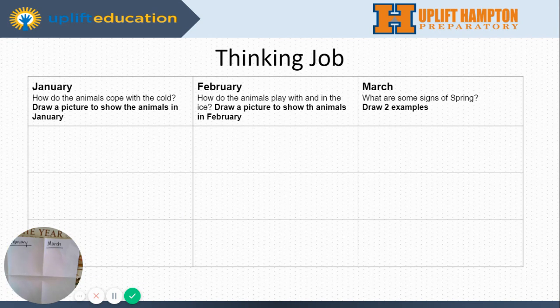So each day, you will answer the questions and fill out this diagram here, and only post it to your portfolios on the days that are set aside for reading. So the only days that you will post this are on Mondays, Wednesdays, and Fridays.